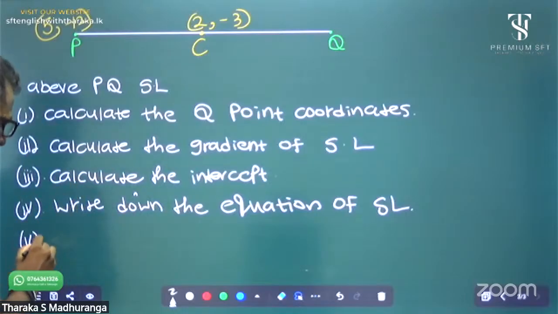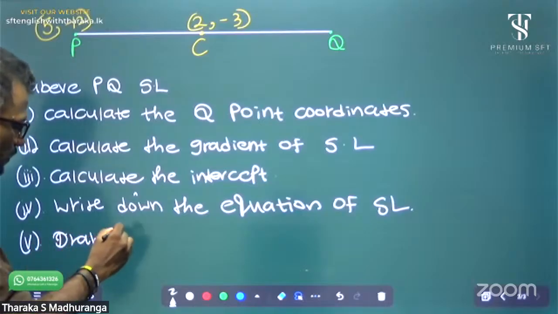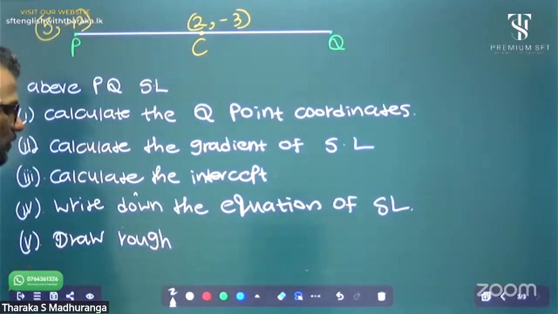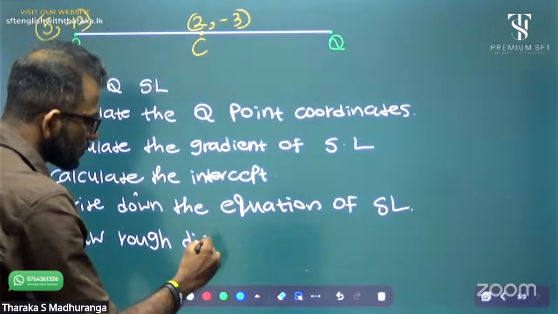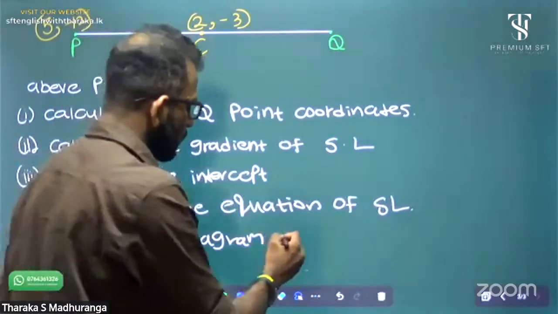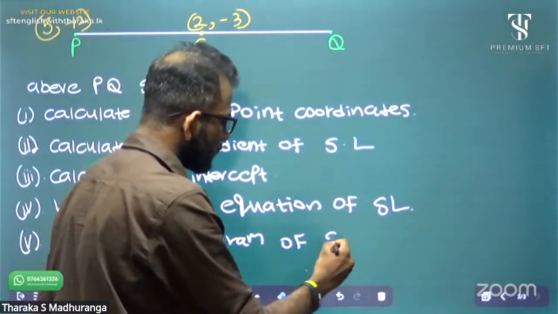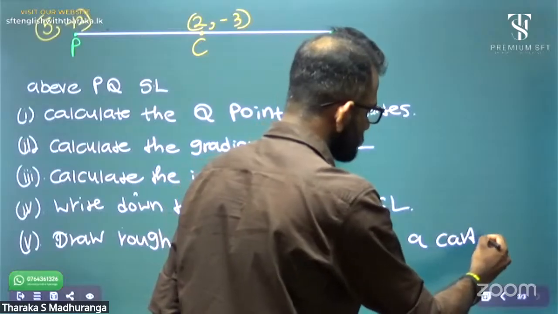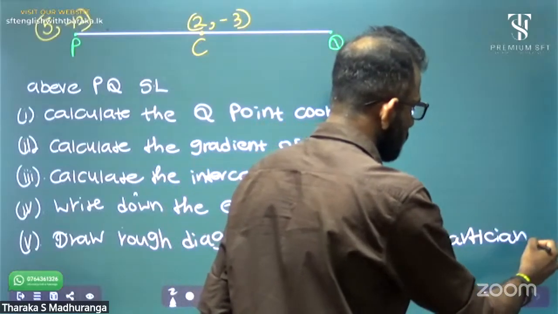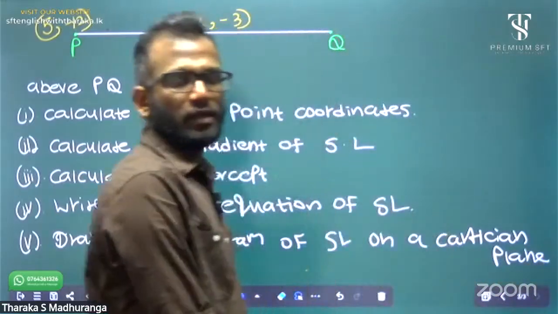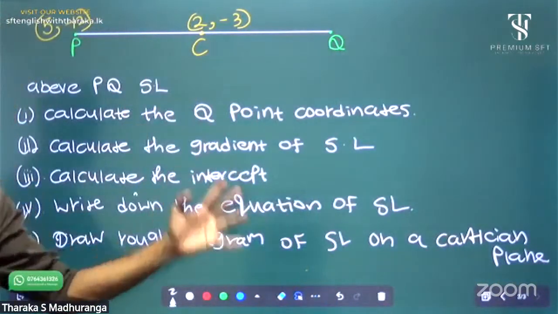Final one, draw a rough diagram of the straight line on a Cartesian plane. Okay, that is a summary of last week's lesson.